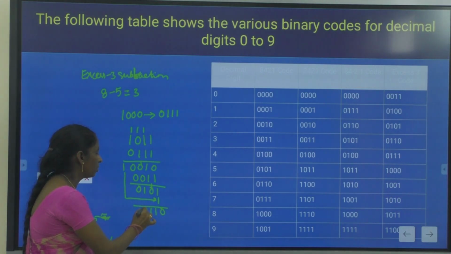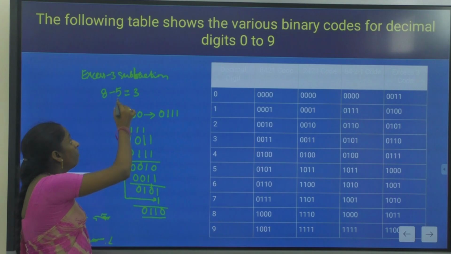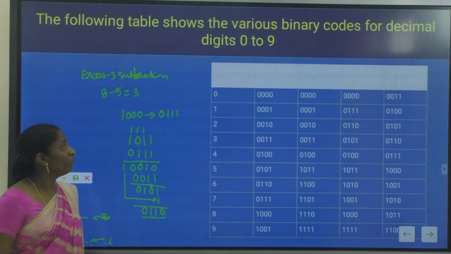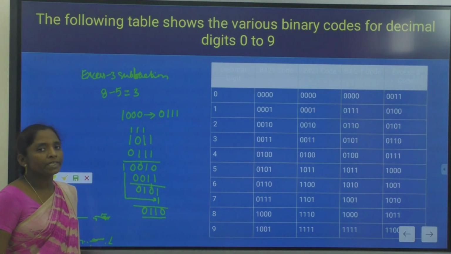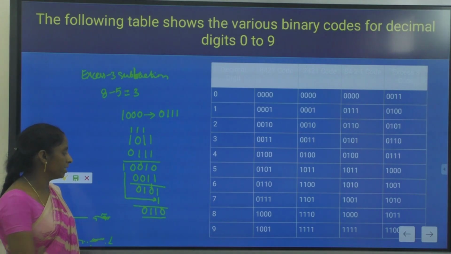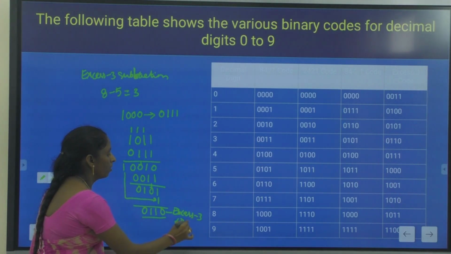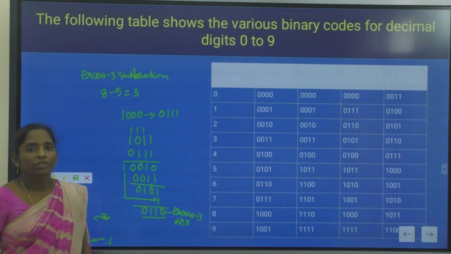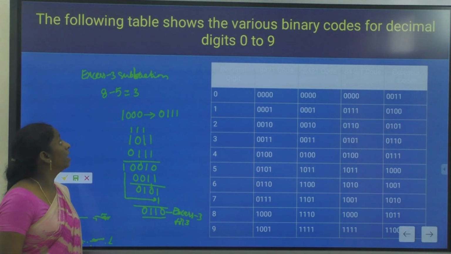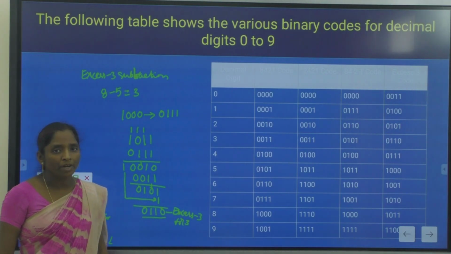So after decimal subtraction we get 3. So the excess 3 for 3 is 6. So this is the excess 3 for 3. Okay, this is the excess 3 subtraction.